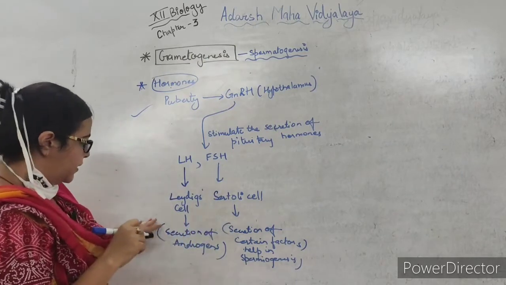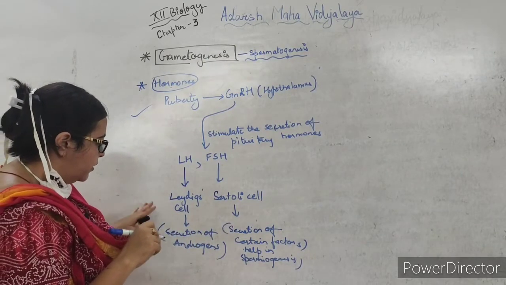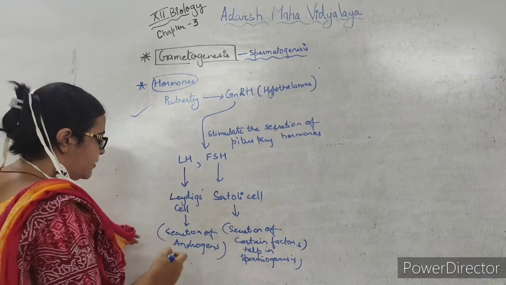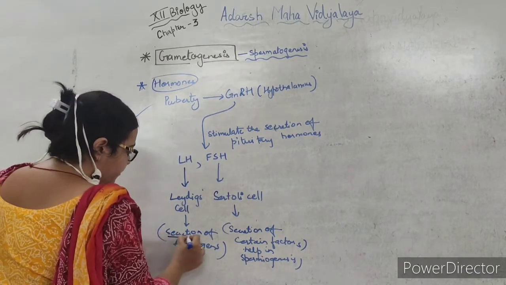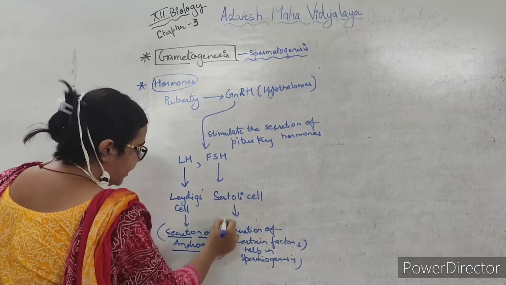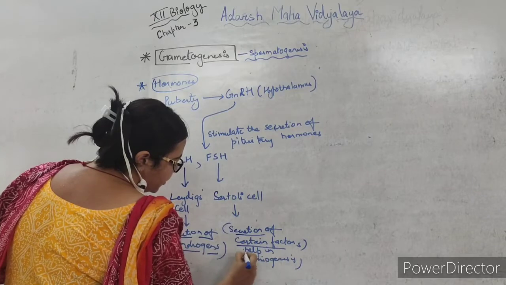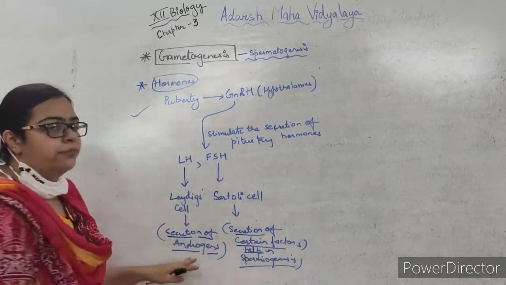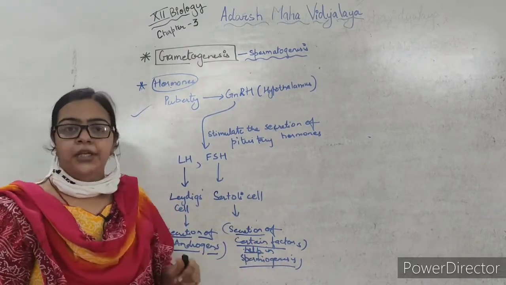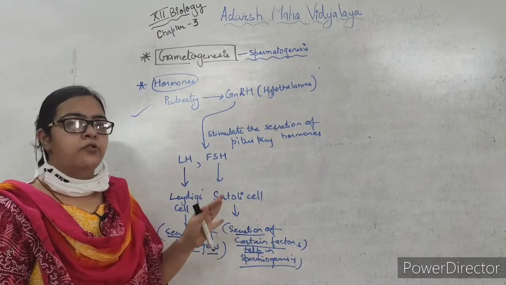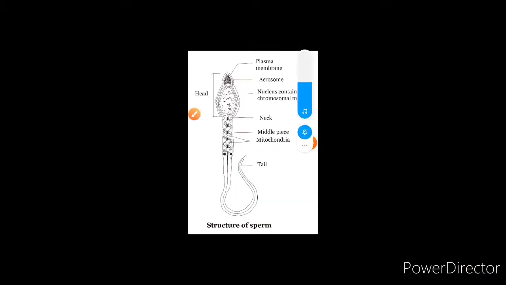The Leydig cells will secrete androgens, and the Sertoli cell will help in secretion of certain factors which will help in the process of spermiogenesis. So this is a very important topic, both spermatogenesis and oogenesis.